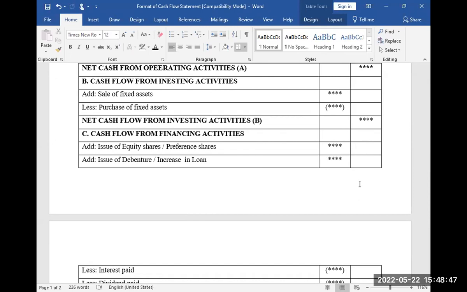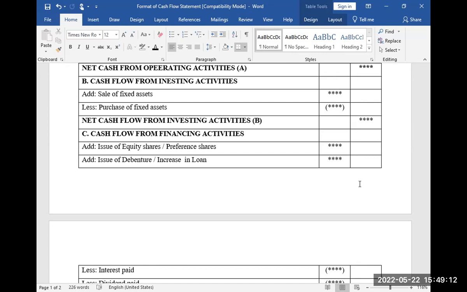Then cash flow from investing activities. Example already told you: sale of fixed asset, purchase of fixed asset. Purchase means minus, sale means plus. Why is sale plus? Money comes in. You sell something, you are getting money. If you buy something, you are bound to pay money. So the net result of this is called net cash flow from investing activity.